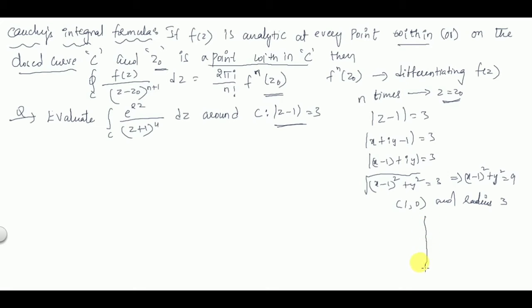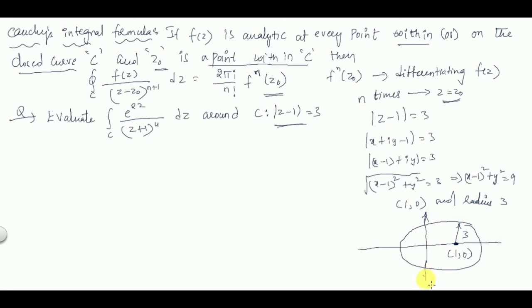So the circle's center is on the x-axis. Of radius 3 means the circle will be like this. This is the center, the radius is 3 units, and the center is (1, 0).